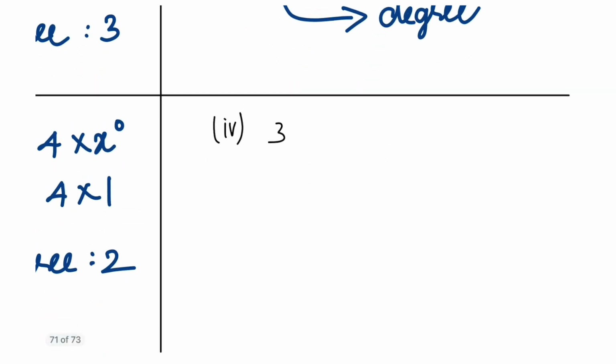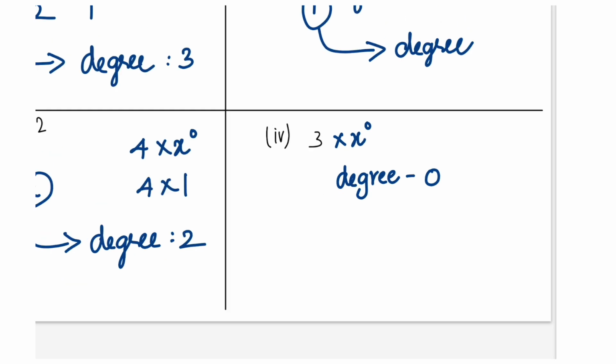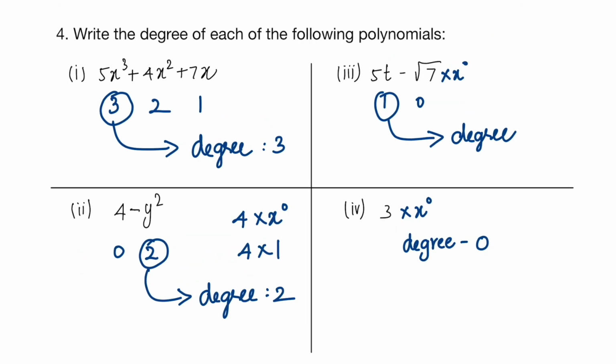Moving on to the last subdivision here, so we have 3, right? So 3 is basically 3 into x power 0. Okay, so that says that the degree of this polynomial is 0 because we have no other term with higher exponents. Okay, so that is all for this question.